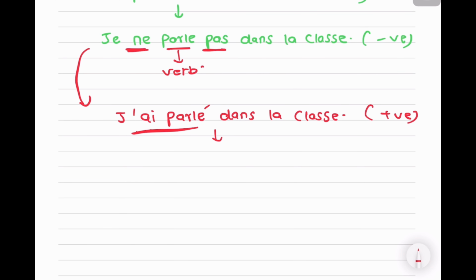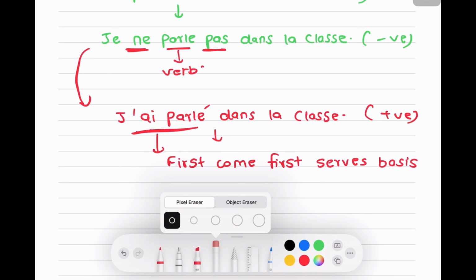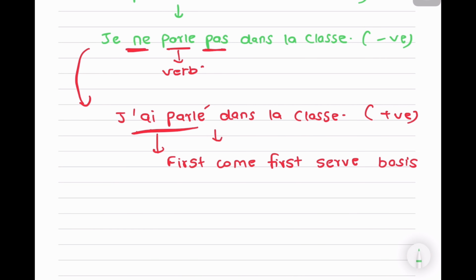So French grammar says that it goes to the first verb. That is, if you've heard of it, first come, first serve basis. Now here, which verb is first? Avoir, right? According to the formation, avoir is always the first verb in the sentence, right? The helping verb always comes before.